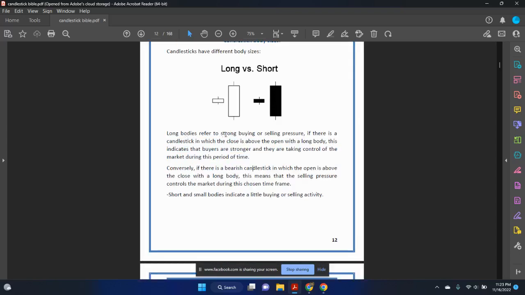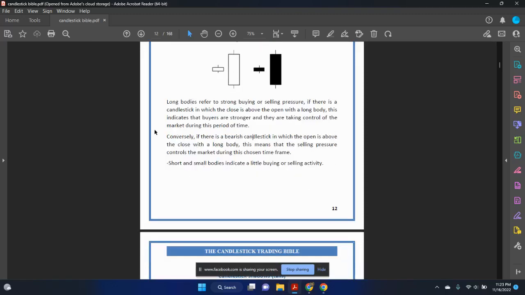As we've seen with those engulfing candles we went over, it lets us know if we're selling or buying. Conversely, if there is a bearish candlestick in which the open is above the close with a long body, this means that selling pressure controls the market during this chosen time frame.